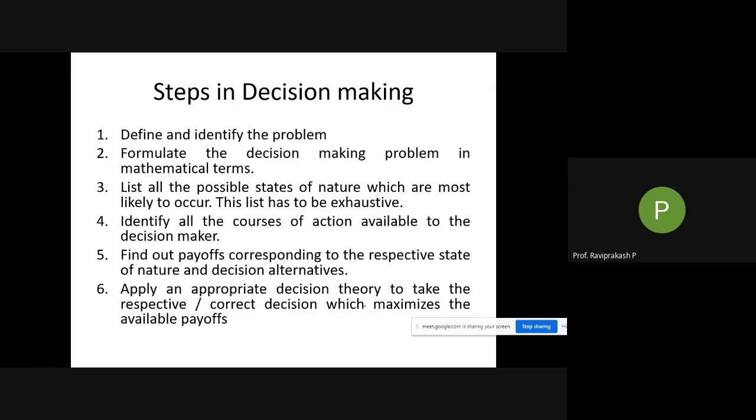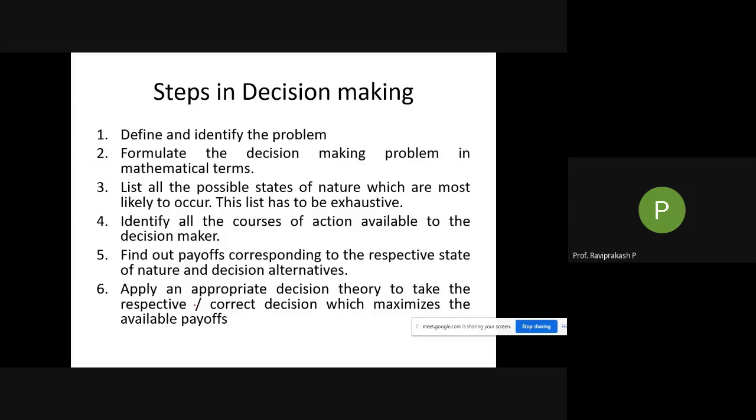Maximize in the sense we are talking about the profits that we are getting out of this decision, or in case of minimization, we are minimizing the cost. First we'll look at a problem or a few problems where we are formulating. Then after formulation, we'll be looking at different methods by which we are taking decisions.